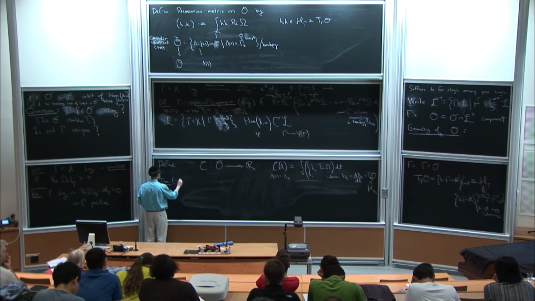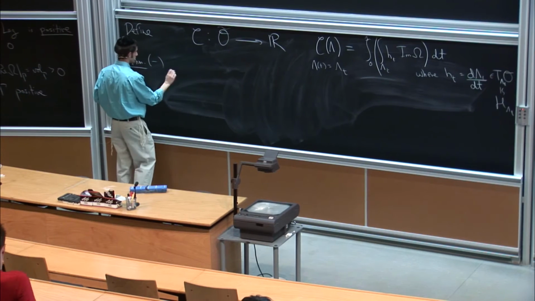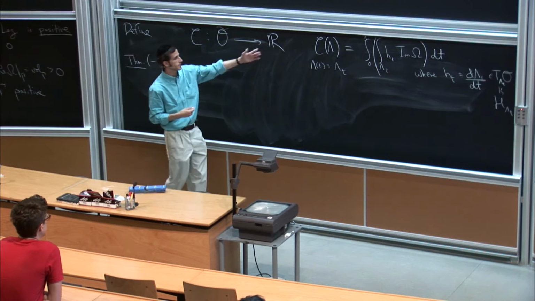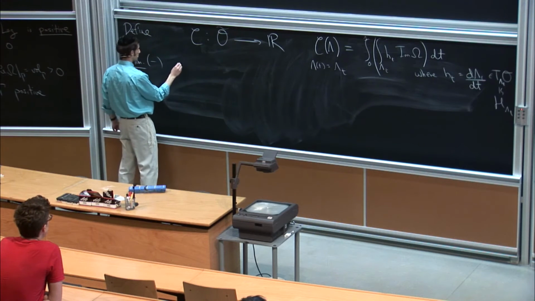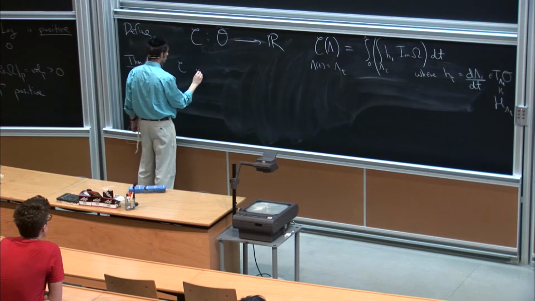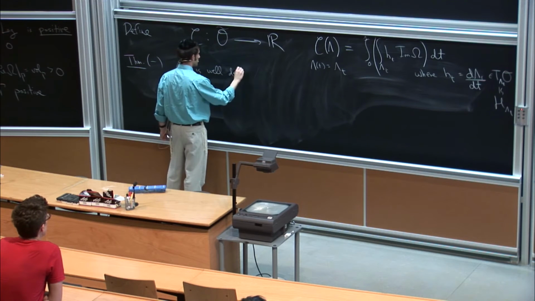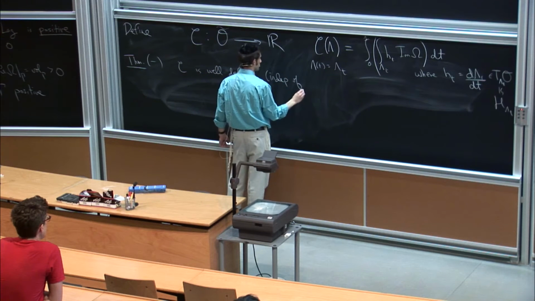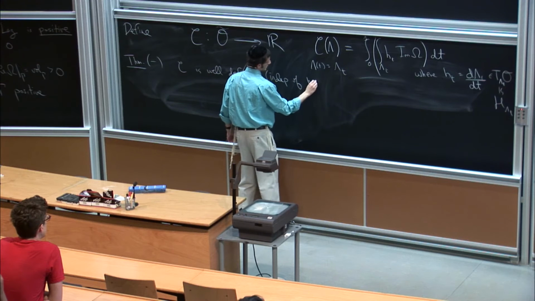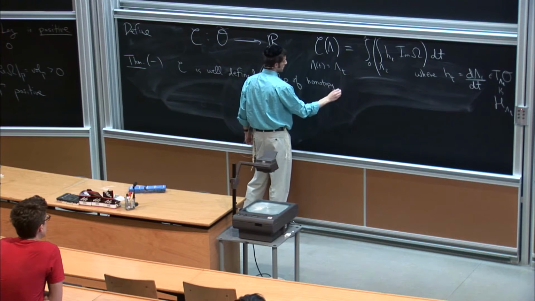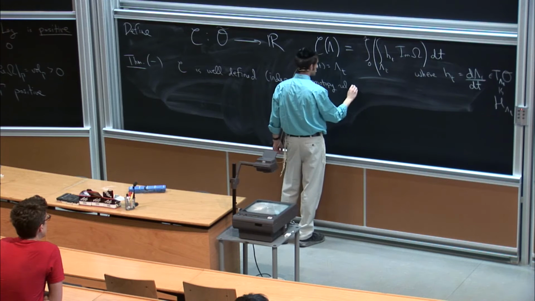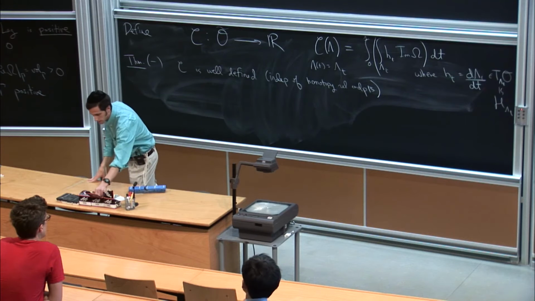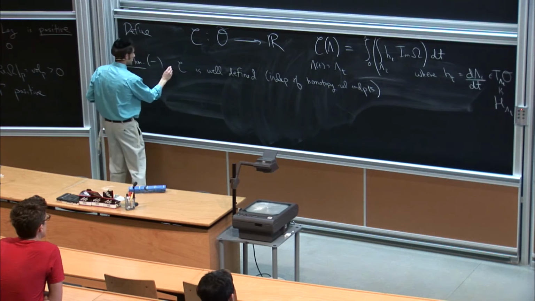There's a theorem which says that, first of all, it's not clear that when we consider different paths up to homotopy we get the same answer, so C is well defined, independent of homotopy relative to endpoints. That's number one.